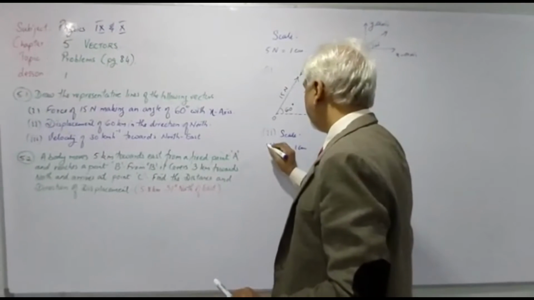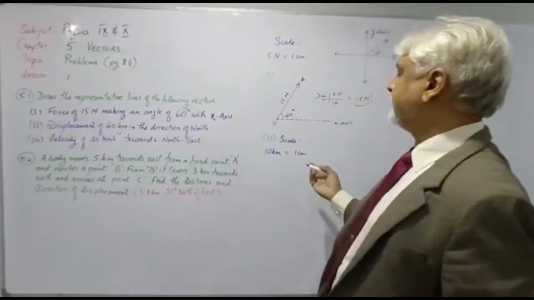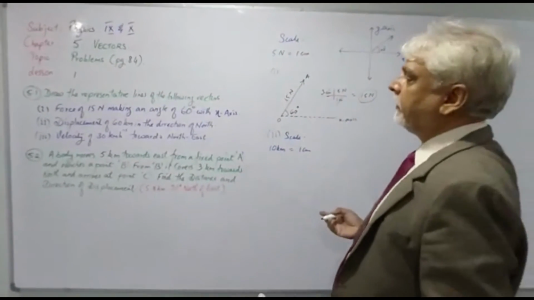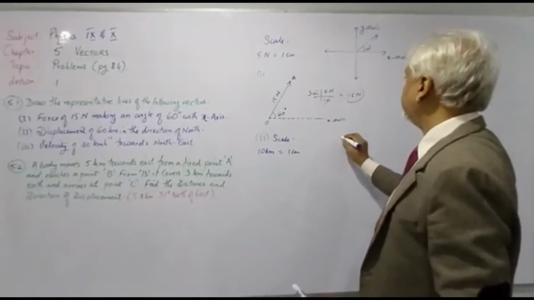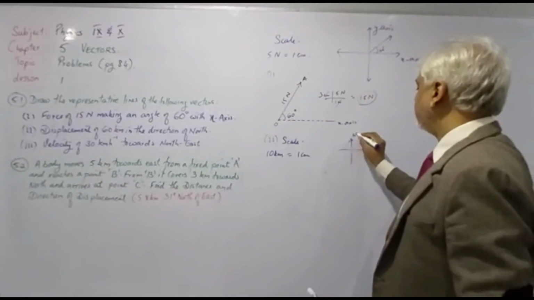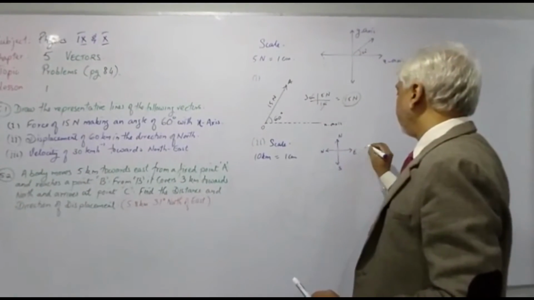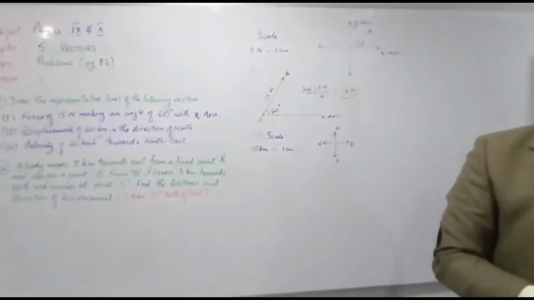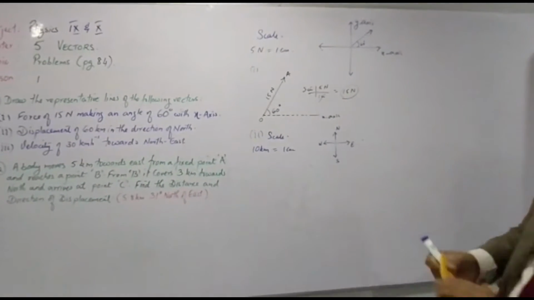Oh, sorry, 10 kilometers equals 1 centimeter. So I'll have to draw a 6 centimeter line in the direction of north. So here we'll use the direction indicator: north, south, west and east. Okay. So I'll have to draw a straight line.